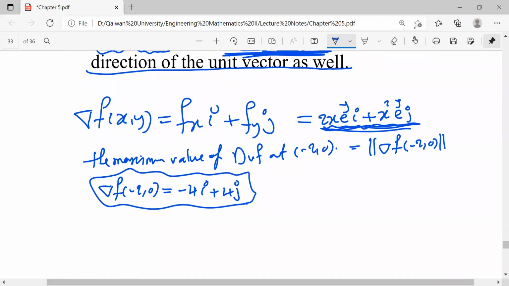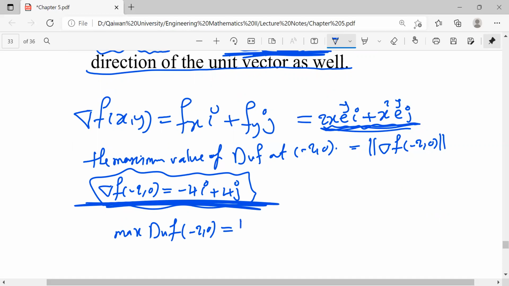Then to find the max D_u f at -2 and 0, we find the magnitude of this gradient vector. So the magnitude of grad f at -2 and 0 equals the square root of -4 squared, which is 16, plus 4 squared, which is 16, so the square root of 32.